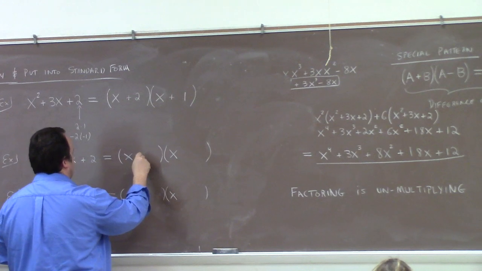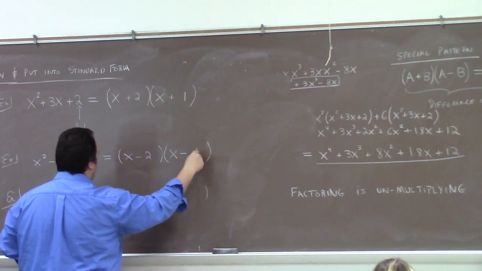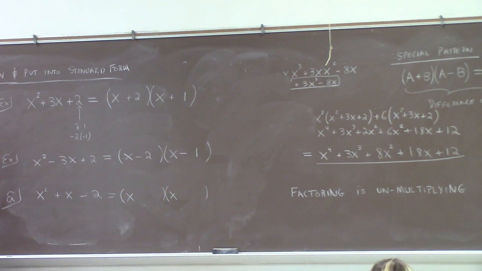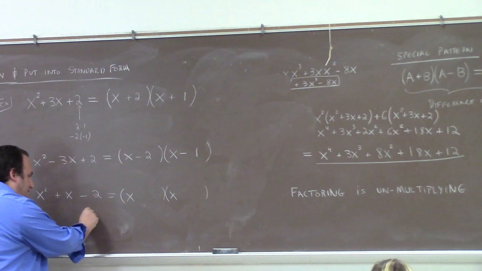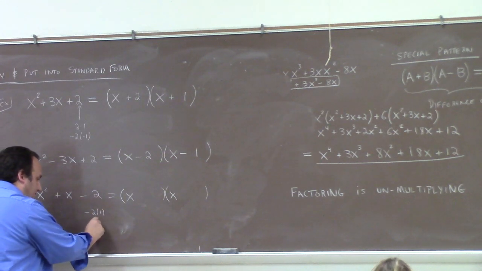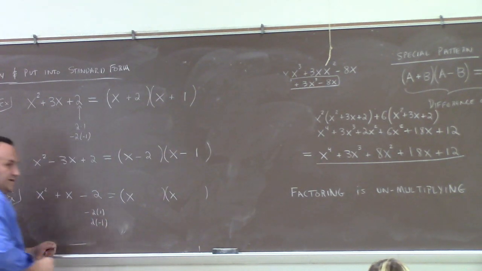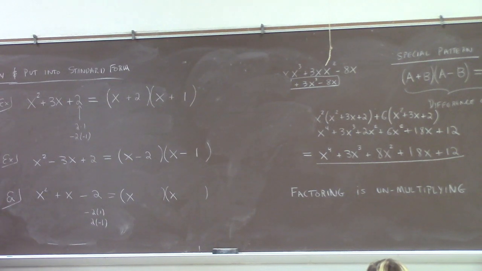I heard a minus 2 minus 1, right? This one, I've got a minus 2 here, right? So how do I get a minus 2? I either get a minus 2 by minus 2 times 1 or 2 times minus 1 if I'm using whole numbers. We try whole numbers to start with, right? You're like, are you trying to tell me fractions are going to get involved? It's true. Fractions are coming back.